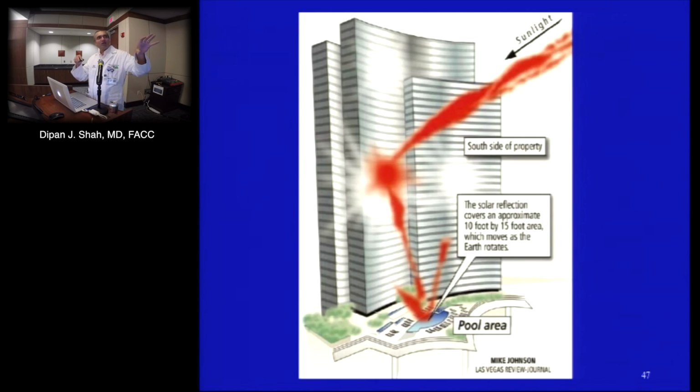That area shifted based on the time of the year and the rotation of the Earth's axis. But you can't possibly know all the possible scenarios that can occur. You could go to this pool 9 times out of 10 and there wouldn't be an issue. But it's only certain hours, under certain weather conditions, at a certain time of the year, at a certain location, where all of a sudden everything gets concentrated.